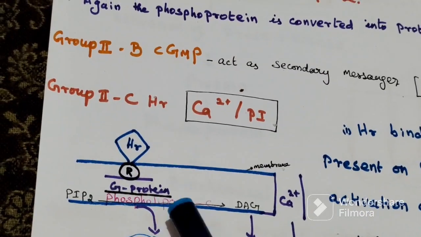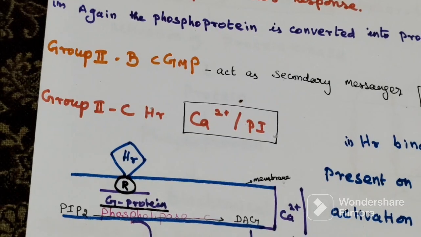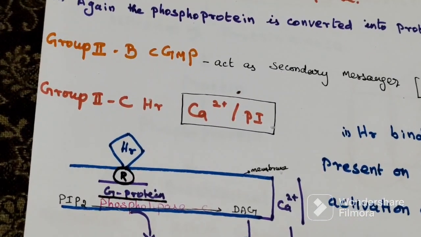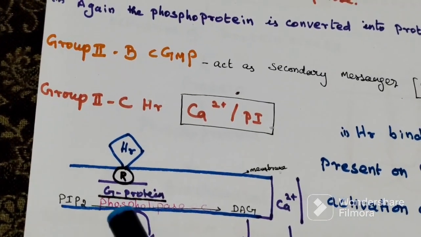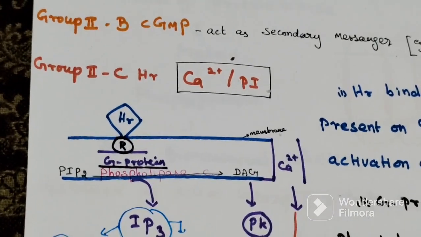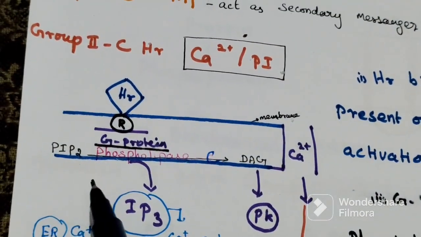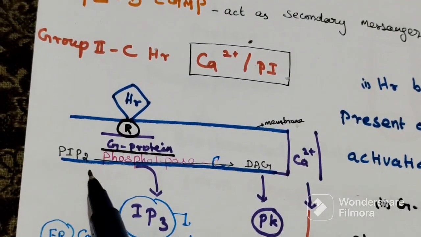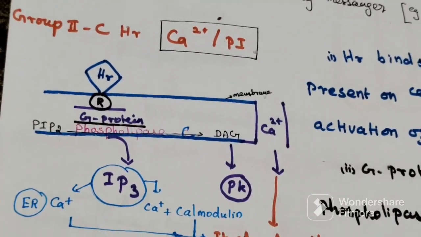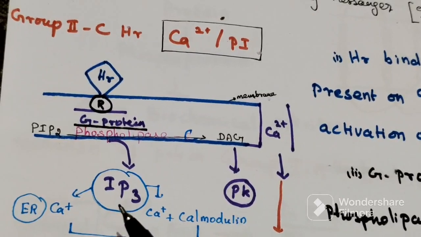This phospholipase C enzyme causes conversion of phosphatidyl inositol bisphosphate to diacylglycerol and inositol triphosphate.